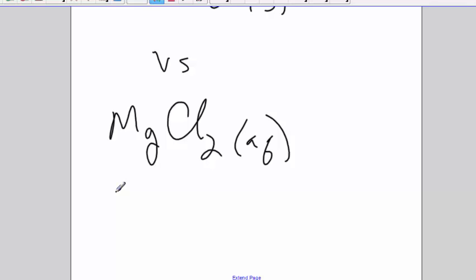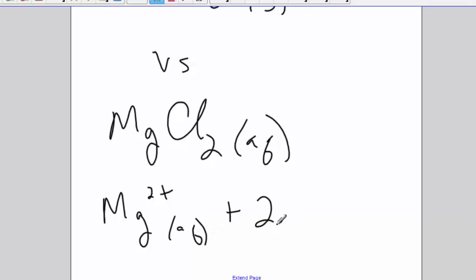It's what they call solvated. We'll get into that more later. But essentially, the charges are being stabilized by the very polar water molecule. So MgCl2 aqueous in a net ionic equation gets written as Mg2+ (aq) plus 2 Cl- (aq), not Cl2 2- or anything. There are 2 Cl minuses, and they are aqueous.